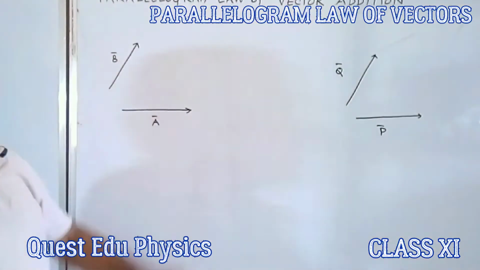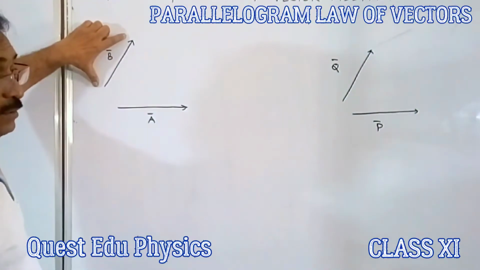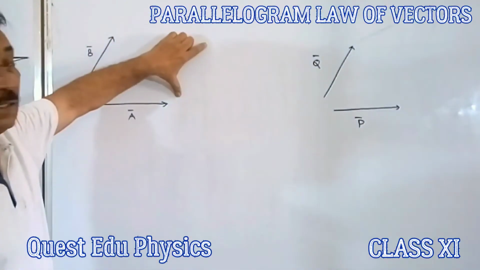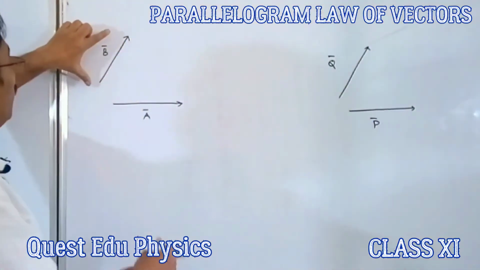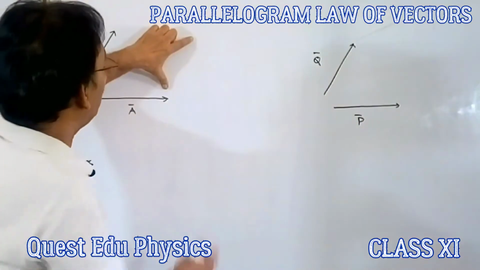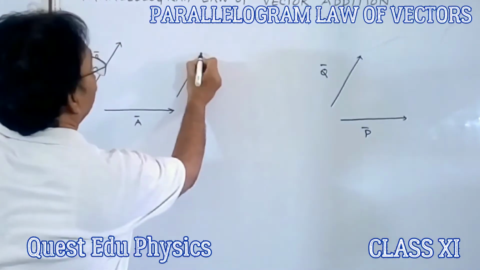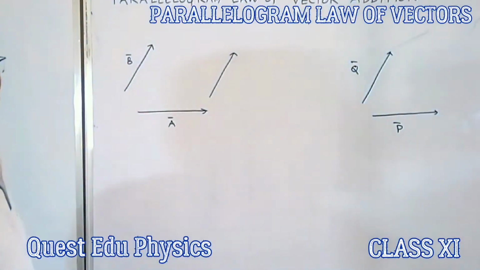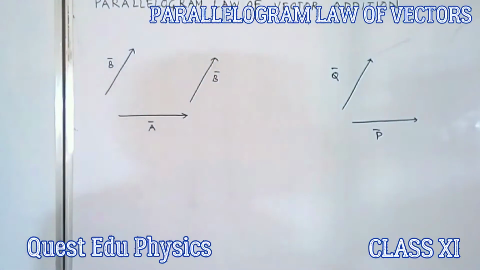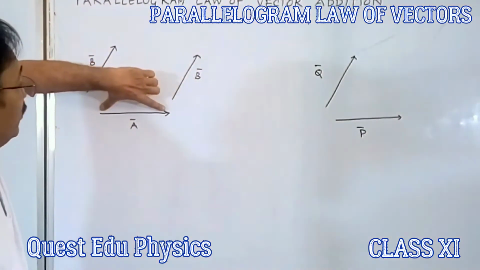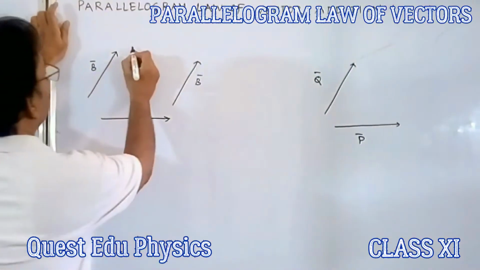That means I am bringing this vector and keeping it here. I kept the same vector, and it has the same magnitude as B bar and the same direction. In the same way, if you take this vector and keep it here, I have transposed the vector from here to here.